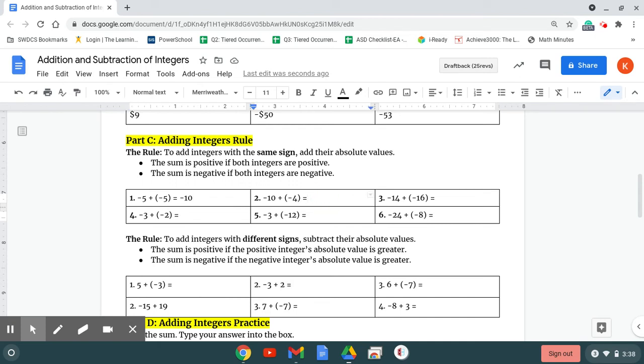All right, number 2. Negative 10 plus negative 4. Same sign. So what do we do? We keep our sign, which is what? Negative. So negative 10, we keep our sign and add. 10 plus 4 is 14. So negative 10 plus negative 4 is negative 14.